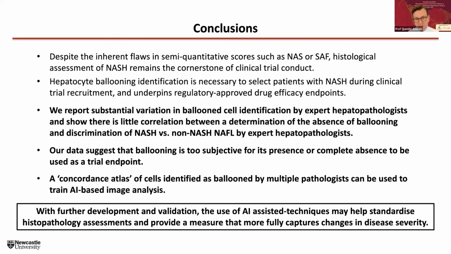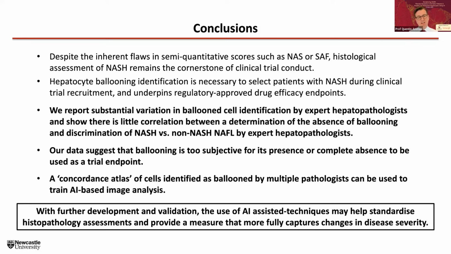Our data suggest that ballooning is probably too subjective for an absolute presence or absence call to be used as a clinical trial endpoint. And we need to potentially move to a more quantitative, a more nuanced approach there.